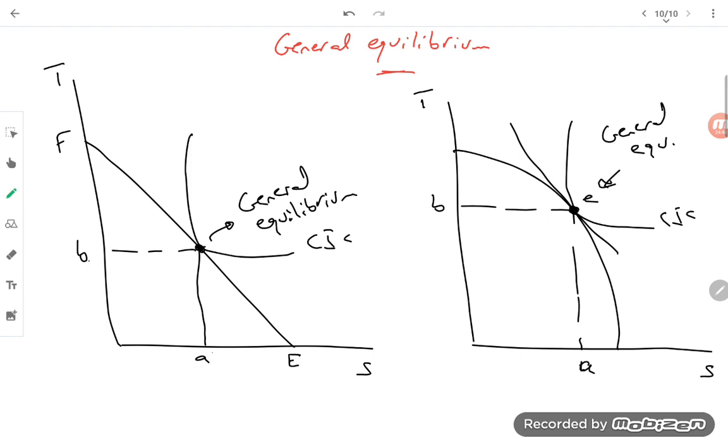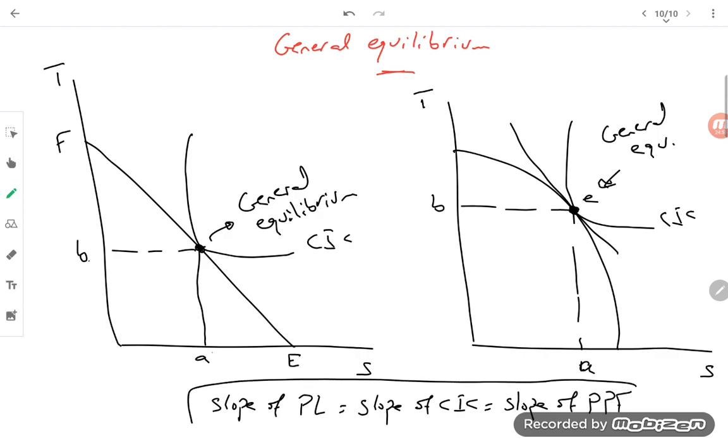So the general equilibrium condition will be that slope of price line will be equivalent to slope of CIC, which is equivalent to slope of PPF. So this is the general equilibrium condition.